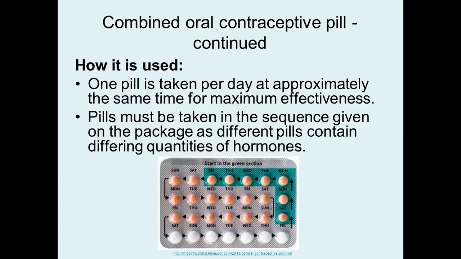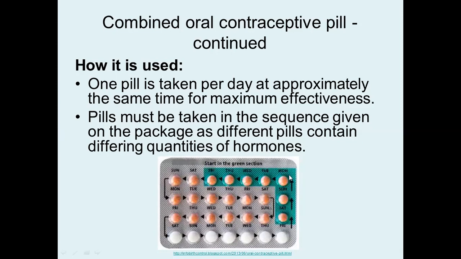Now, first of all, look at the actual photograph, and what you'll see is it's 28 pills, and it's got a sequence of arrows, and the pill has to be taken in that order. In fact, they always say to you, start within this sequence here.